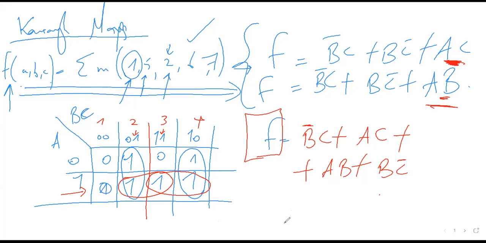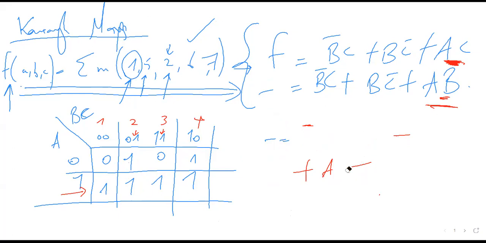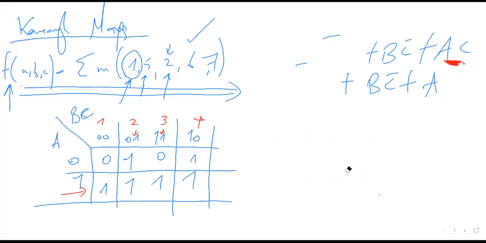So here, this is the sum of products way of doing things. For the product of sums, you now identify the zeros. It's the same, you now identify the zeros. So we can start by changing it here. This is the sum of products.